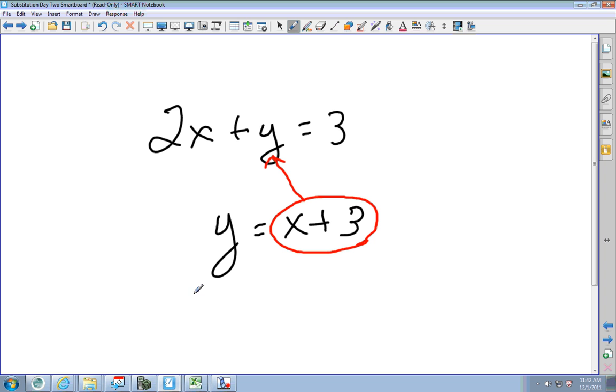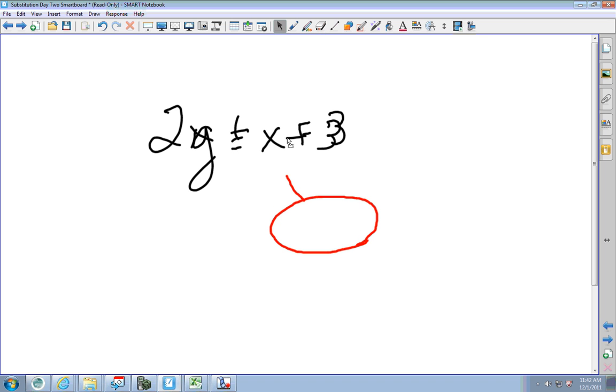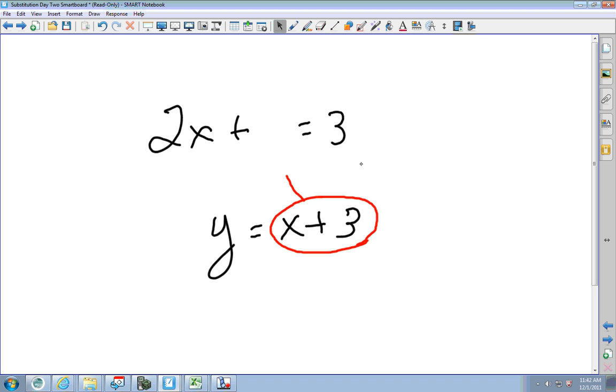Meaning, like in a basketball game, if you substitute in for somebody, do both people get to stay in the game? No. So I'm going to substitute x plus 3 in there for y. I'm going to be removing y and replacing it with the x plus 3.